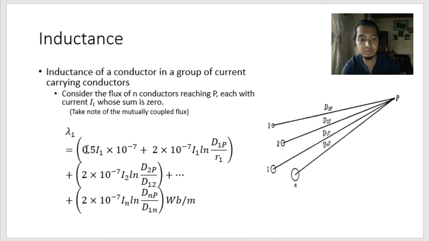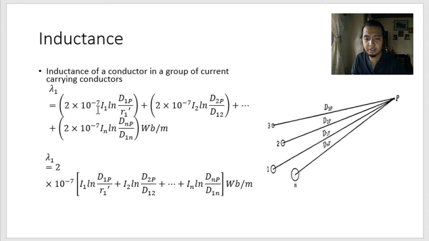Yeah, this is 2 over 4. So this 0.5 can be 2 over 4. Now you have 2 I1 times 10 to the negative 7 divided by 4. So now you have 2 times 10 to the negative 7 as a constant for these two terms, so you can take that out and then that will be I1 over 4. And yeah, you have this over 4.